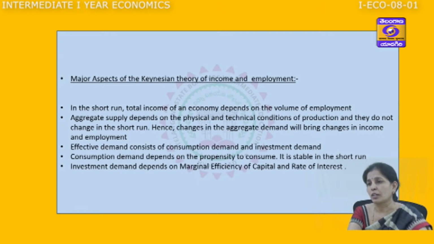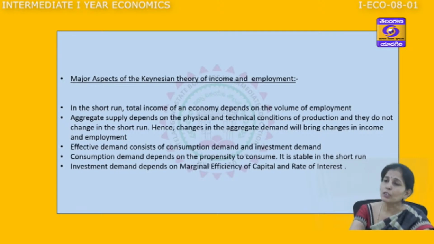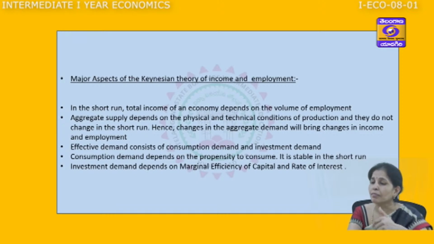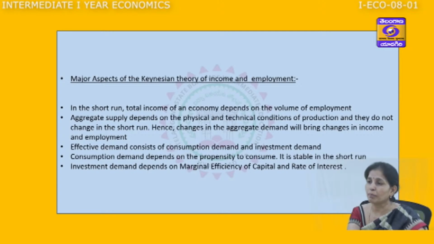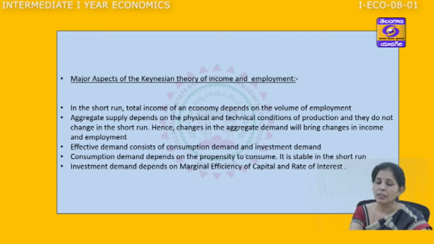And investment demand depends upon the marginal efficiency of capital. Efficiency of capital increases the production of goods and services, and this investment always depends upon the rate of interest. So here, before I conclude this topic, we have to talk about aggregate demand, aggregate supply, and effective demand to explain this theory.